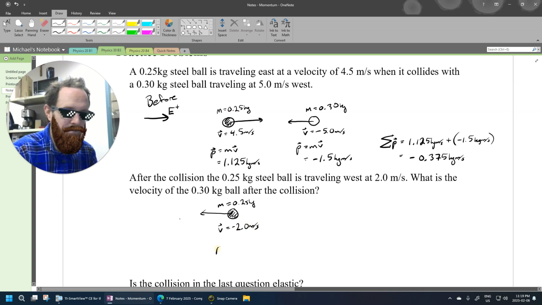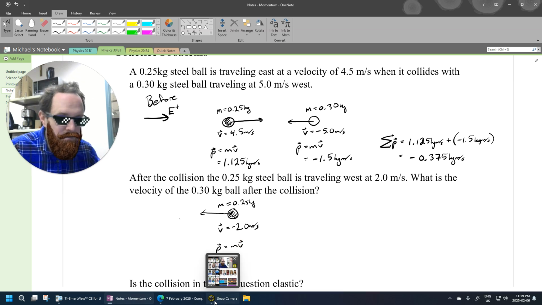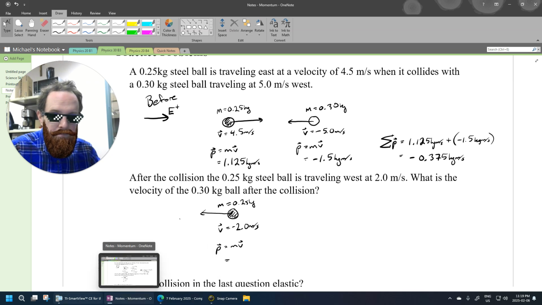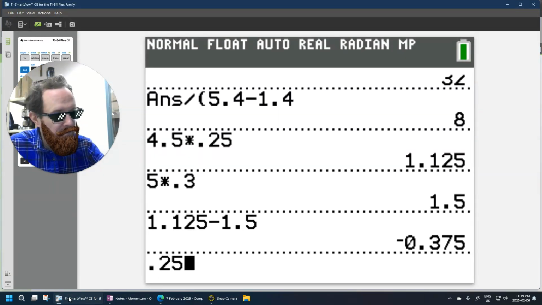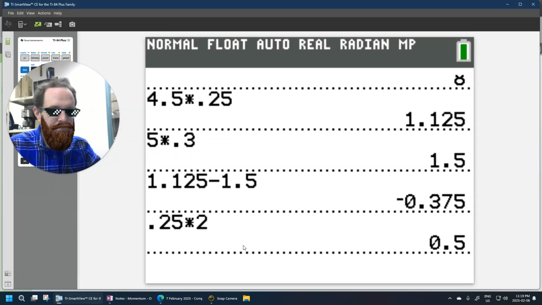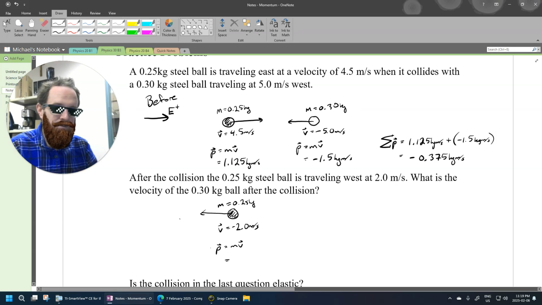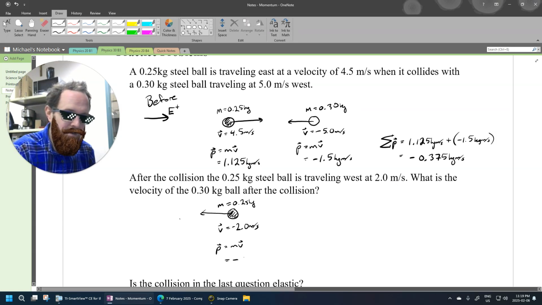And quickly do a little bit of math here, and we could determine the momentum afterwards for this ball to be 0.5, right? Let me just double check. Okay, yeah, 0.5, but negative 0.5 because it was a negative 2. So this momentum is a negative 0.5 kilogram meters per second.